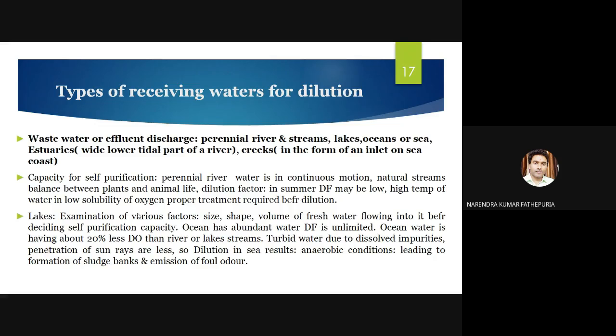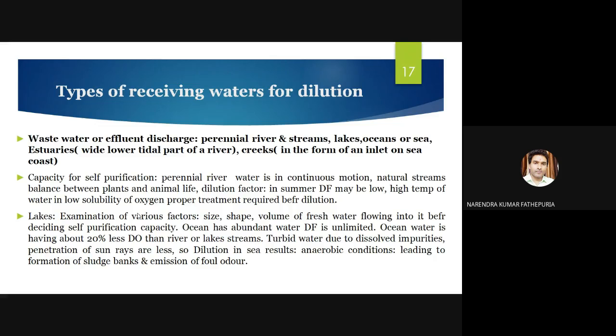Types of receiving waters for dilution: perennial rivers, streams, lakes, oceans, seas, estuaries, wide lower tidal parts of rivers, and creeks in the form of an inlet on the sea coast. They have capacity for self-purification, because perennial river water is in continuous motion, and natural streams balance between plants and animal life. The dilution factor in summers may be low because of the high temperature of water.